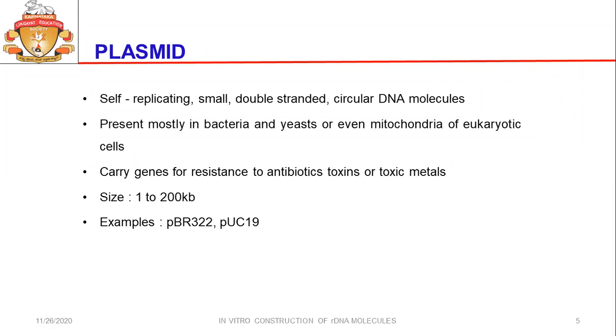These are present in bacteria, yeast, and even mitochondria of some eukaryotic cells. The special feature of these plasmids is they have genes for resistance to antibiotics, toxins, or toxic metals. Their size can vary from 1 kb to 200 kb. The most common examples for plasmids are pBR322 and pUC19.